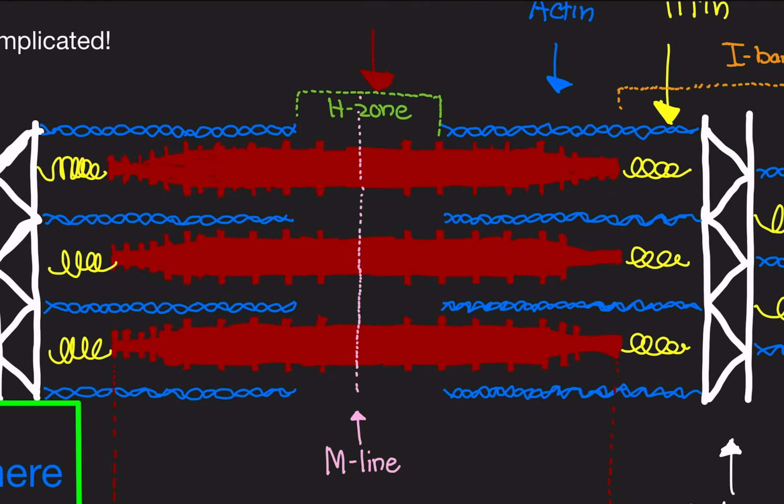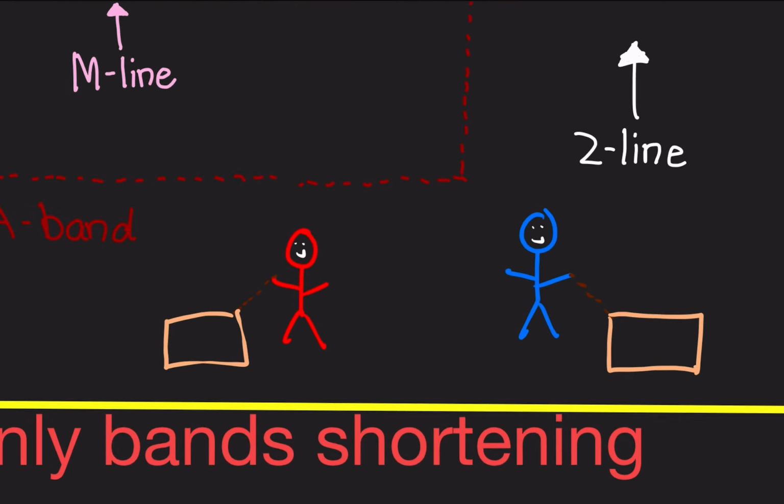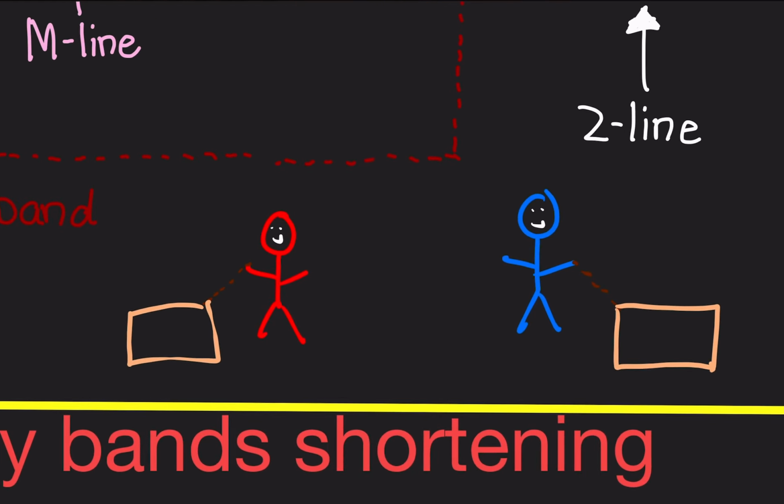Let me put it in other terms. You have two people here. They're pulling sleds. And let's say this guy on the left is going to walk this way, and the guy over here is going to walk this way. The length of the sled will not change, nor will the actual human change. The only thing that's changing is the distance between the two people.